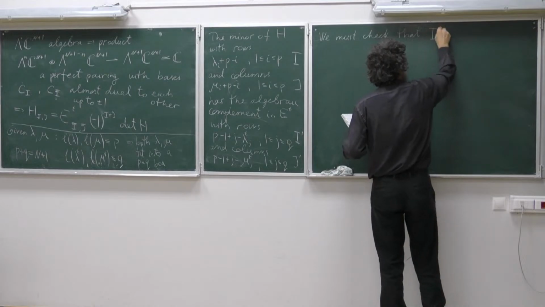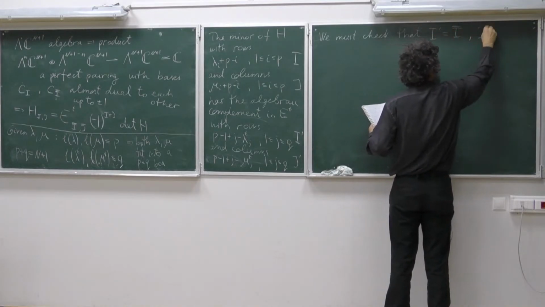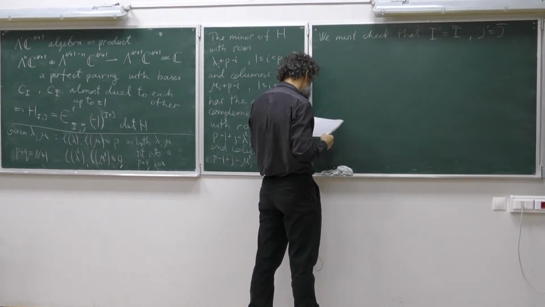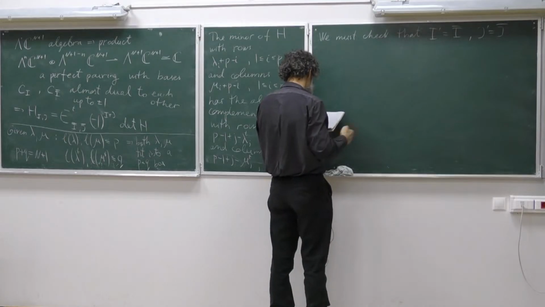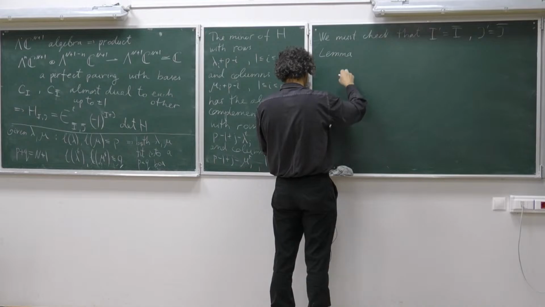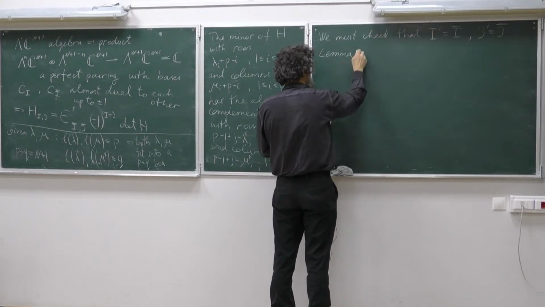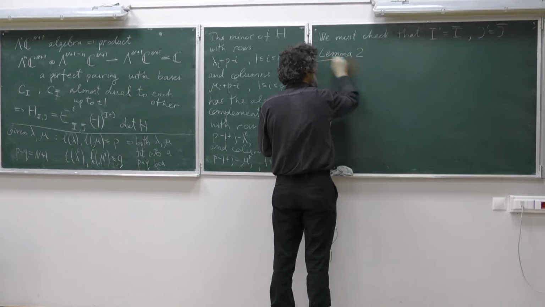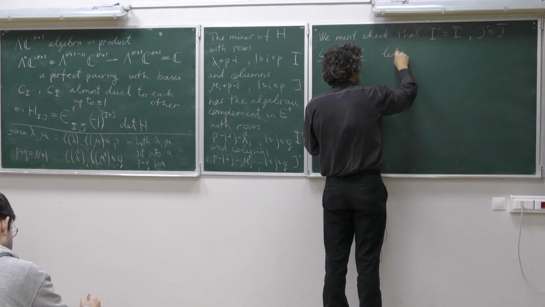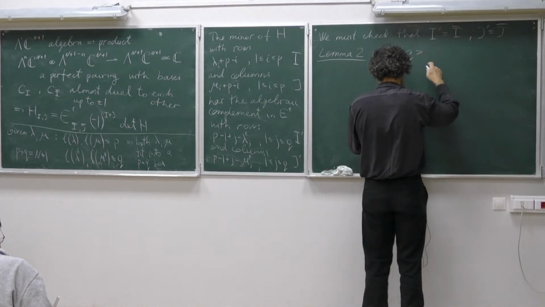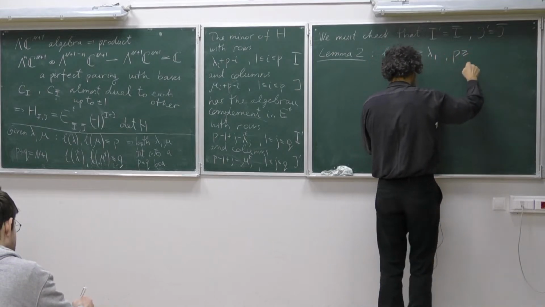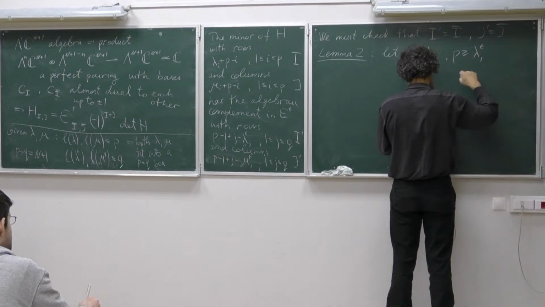That I prime is the complement to I, and J prime is the complement to J. So this is called lemma, maybe two. Let q be at least lambda 1, p at least lambda 1 transposed.